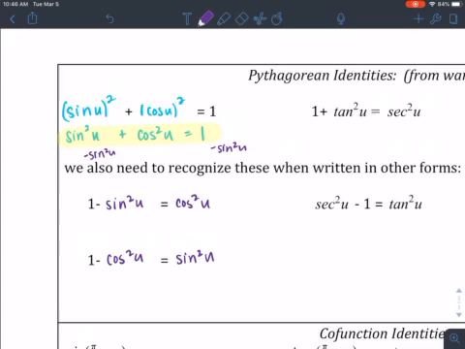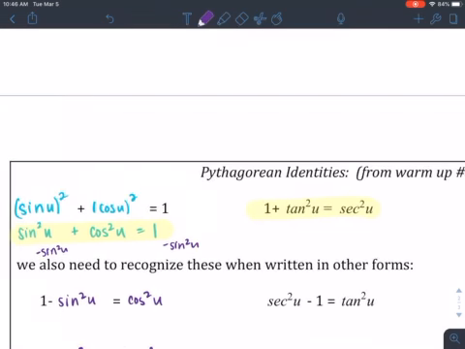Next, we're going to look at this one. This is another Pythagorean identity: 1 plus tangent squared u equals secant squared u. Let's talk about how we get that really quick. Sine squared u plus cosine squared u is equal to 1. We know that's true for all angles. If I wanted to turn cosine into a 1, what I would do is divide both sides by cosine squared u, and don't forget this term.